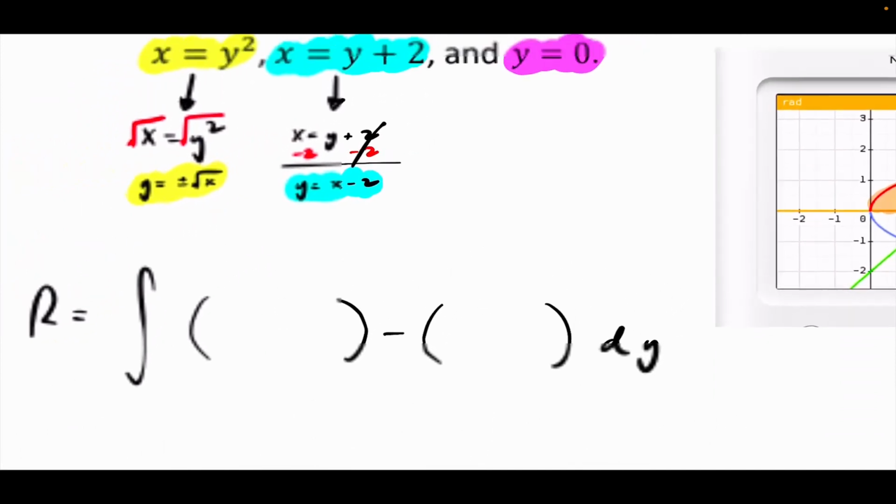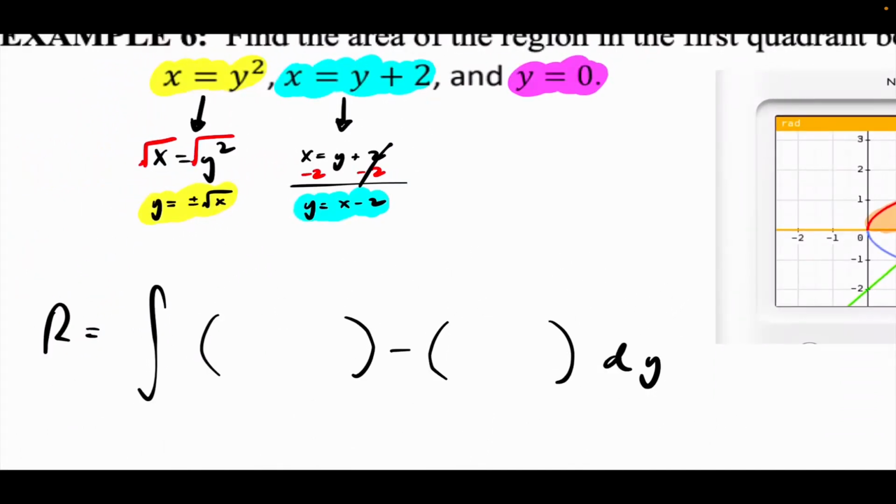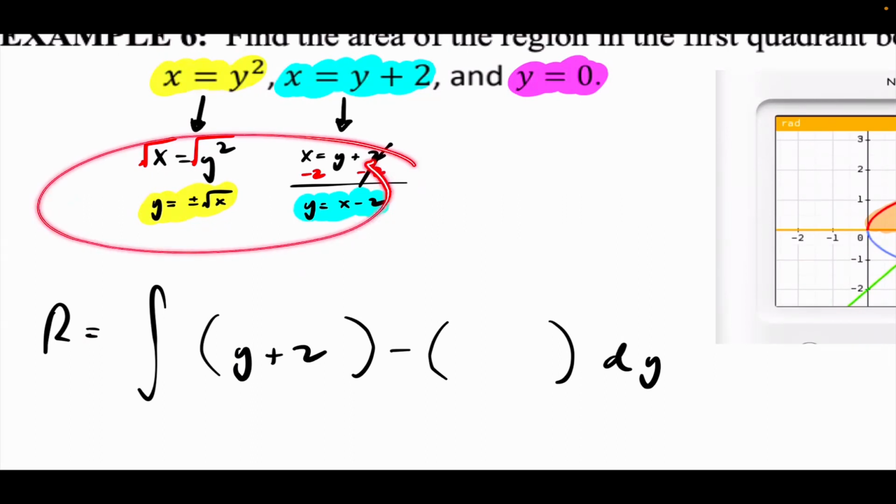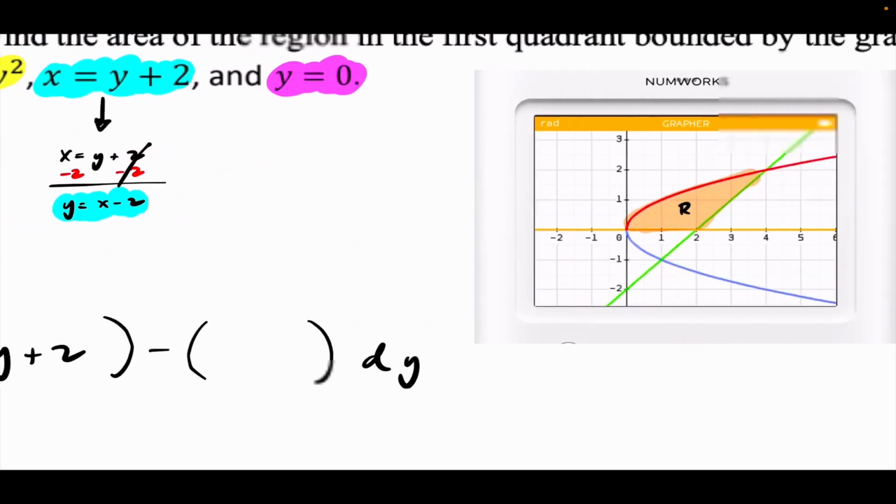So when I put it in here, I'm not going to put x minus 2 like I graphed it. I'm going to put y plus 2, because this is in terms of y. It's the same line, but the reason I graphed it that way was because my calculator had issues with graphing, so I had to solve it for y.